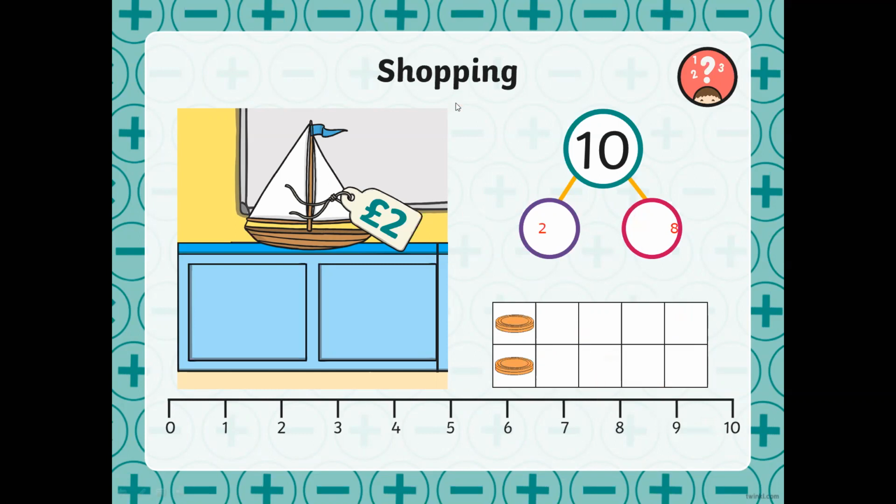And the fourth way is when we write the equation like that: I have 10, I will give him 2, so it means take away 2, it leaves 8, so I will have $8 left. So there are four ways to know how much money you will have as change after buying this boat.